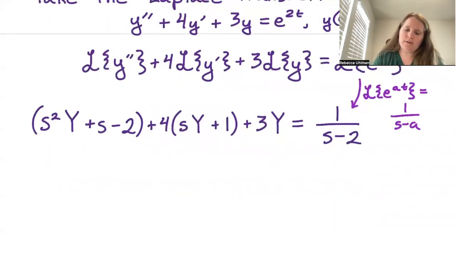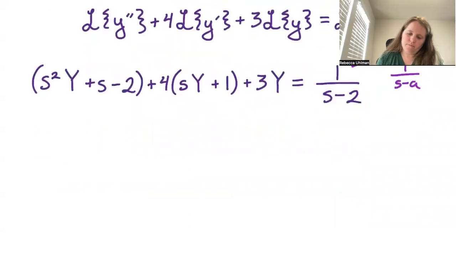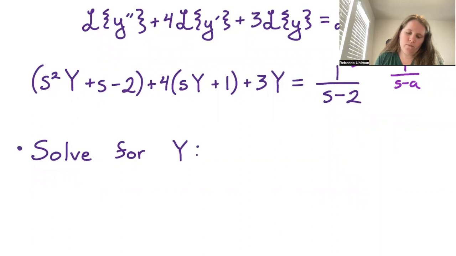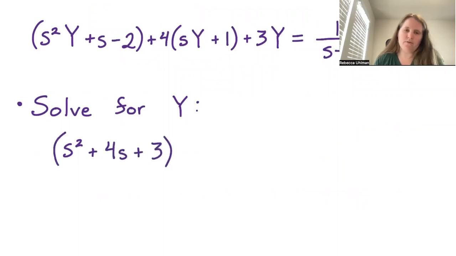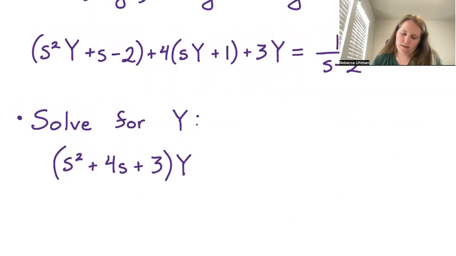So at this point, we can solve for Y. If we rearrange this, we have an s squared times Y, and 4s times Y, and 3 times Y. So we have s squared plus 4s plus 3, all multiplying Y. Then we have plus s minus 2 plus 4.